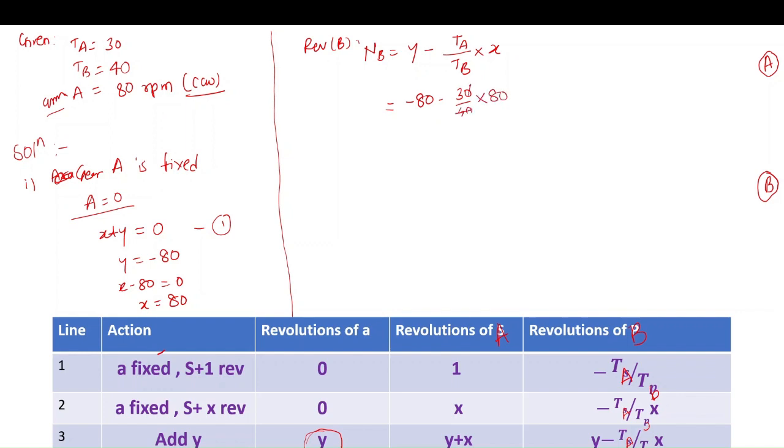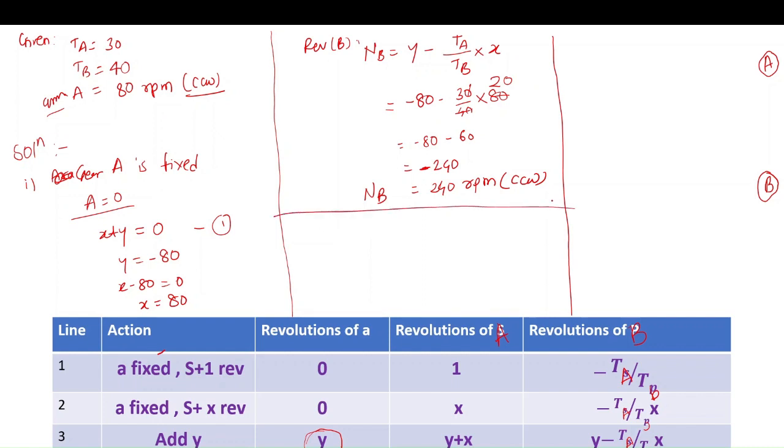Cancel this: 4 into 20. Minus 80 minus 60 equals minus 140, so the revolutions of B will be 140 rpm counterclockwise. What is this minus? Counterclockwise. Simple, very simple, just basic mathematics.